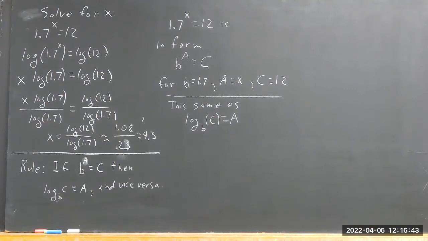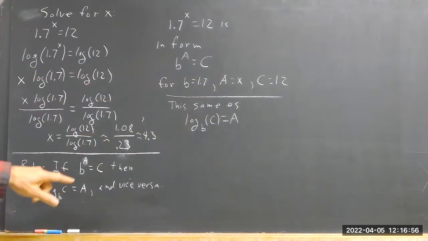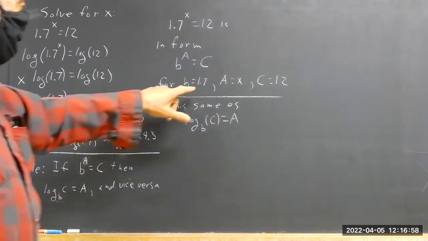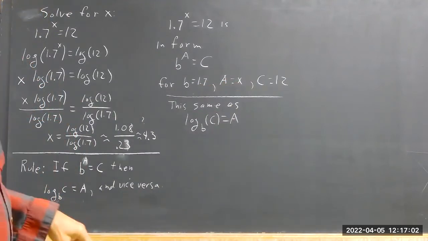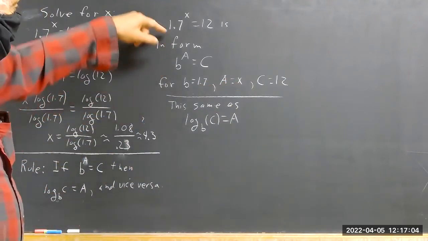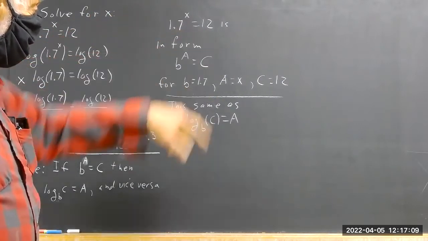Okay, now, maybe I didn't stop the recording. But what we have is 1.7 to the x equals 12 in this form, b to the a equals c. That's this form, with b equal 1.7, a equal x, c equal to 12. Your b is the base, your a is the exponent, and your c is the particular.